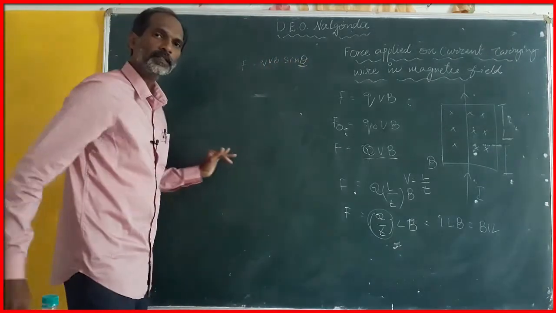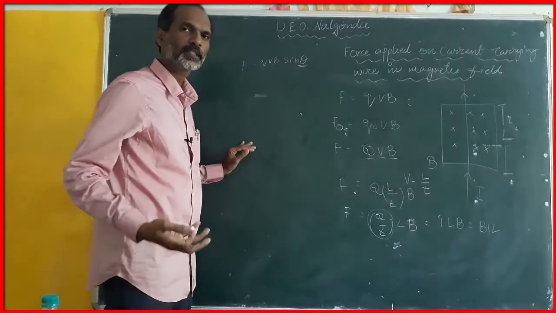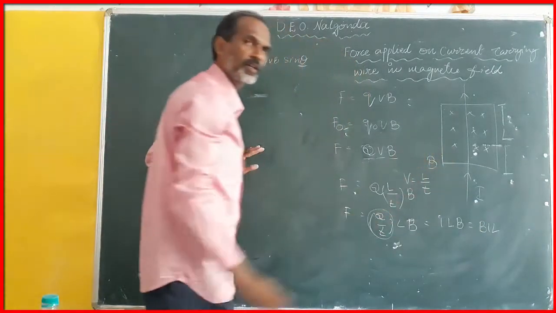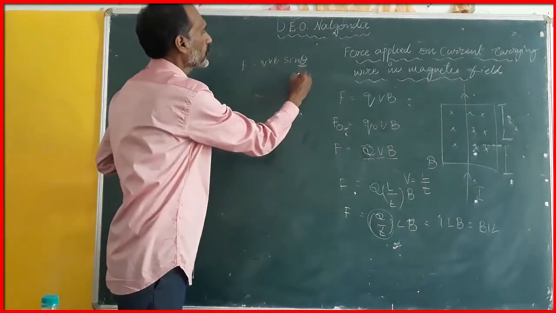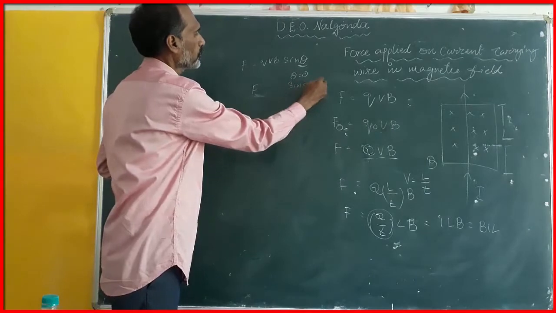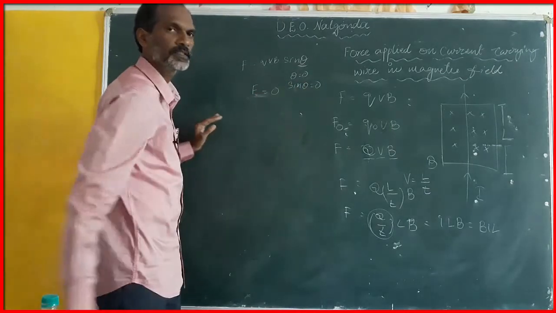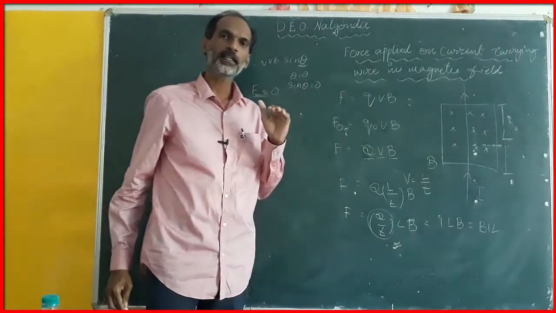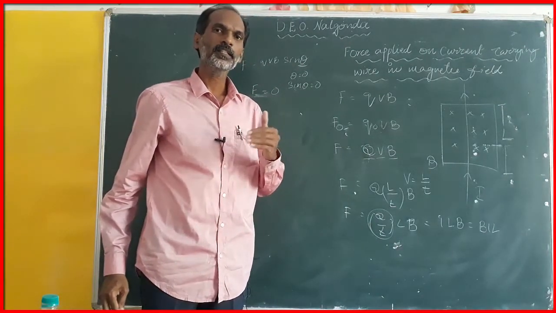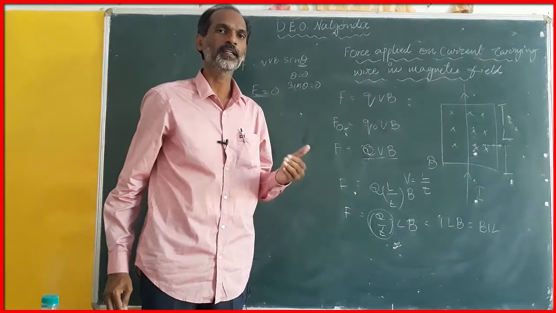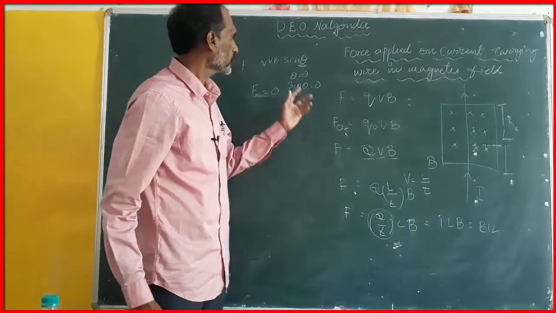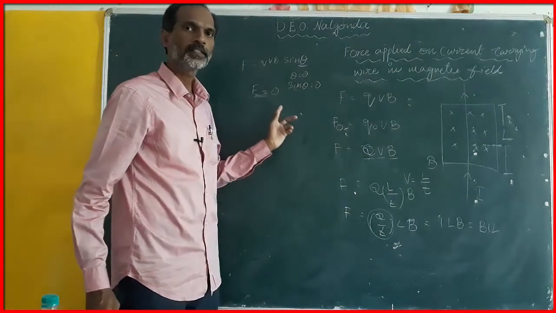If the current and the magnetic field are in the same direction, then theta is 0, sin theta is 0, and the net force is 0. So the net force applied on the current carrying conductor will be 0.